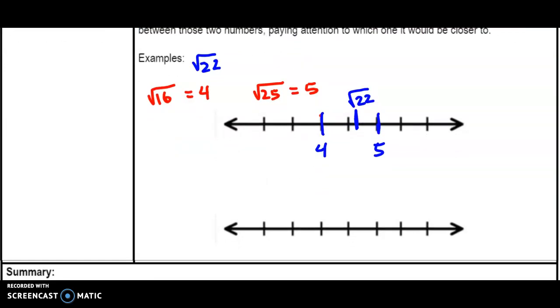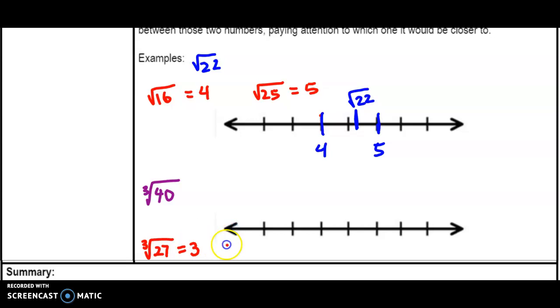Or if I have the cube root, that little 3 cube root of 40, you would find the 2 numbers it would go between. So the cube root of 27: 3 times 3 times 3 is 27, so the cube root of 27 is 3.